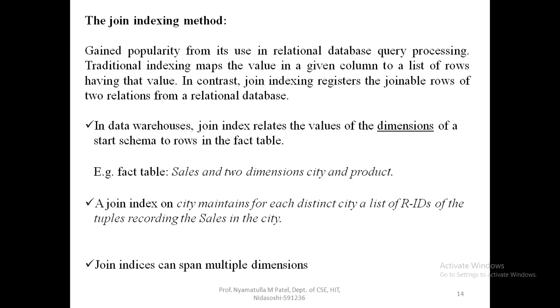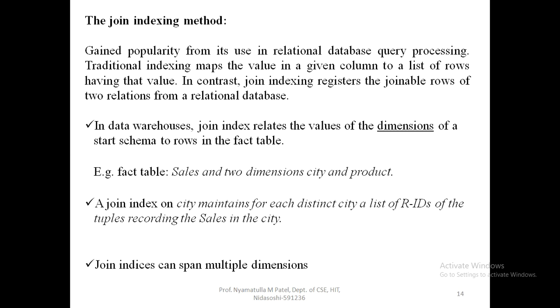In a data warehouse, join index relates the value of a dimension of a star schema to rows in a fact table. For example, sales and 2 dimensions. You can take a fact table with respect to sales with 2 dimensions, city and product. This can be combined, which will give you one data related to sales with respect to both city and product.